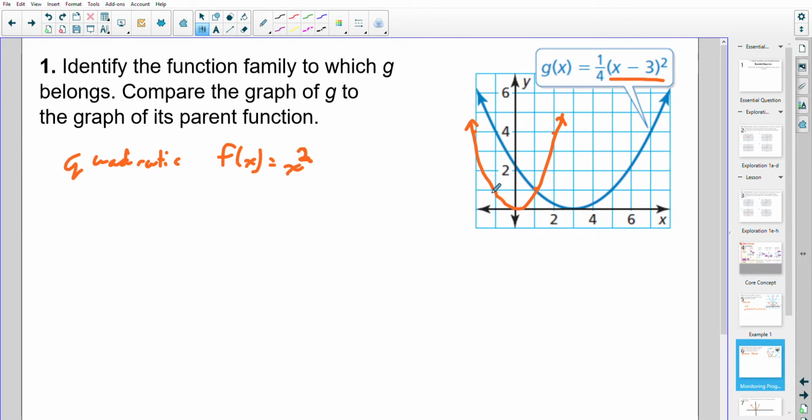Second of all, if you compare them, we can see that we're shifting it 3 units to the right. And you can see this is going to be much wider than the parent function. And therefore, I know that it's going to have a vertical shrink by 1/4. Vertical stretch, vertical shrink.